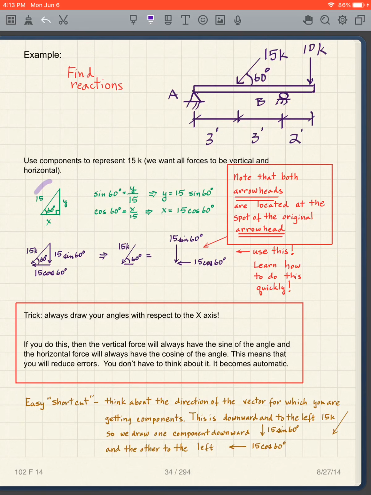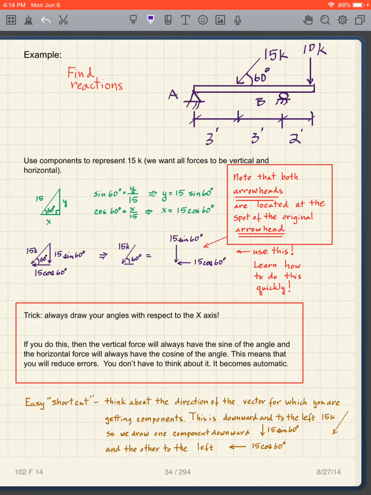If I look at this triangle here, I see that the sine of 60 degrees is y over 15, which means that y is equal to 15 sine 60 degrees. And the cosine of 60 is equal to x over 15. So that means that x is equal to 15 cosine 60.